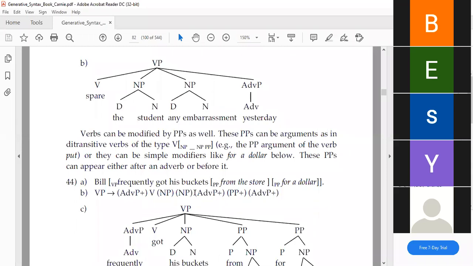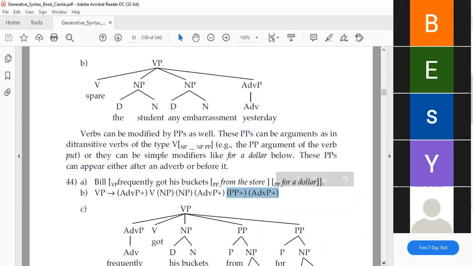So if we take it like this, optional ADP plus, optional PP plus, that's fine: the adverb or adverbs, then the prepositional phrase or phrases. Or if we take it like this, it's fine: the prepositional phrase or phrases, then the adverb phrase or phrases.